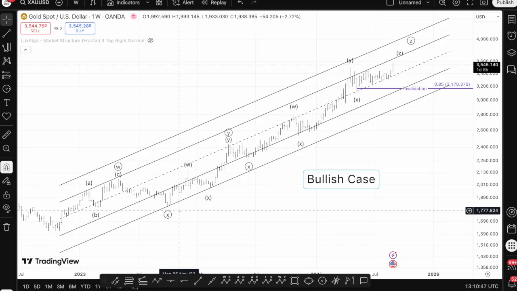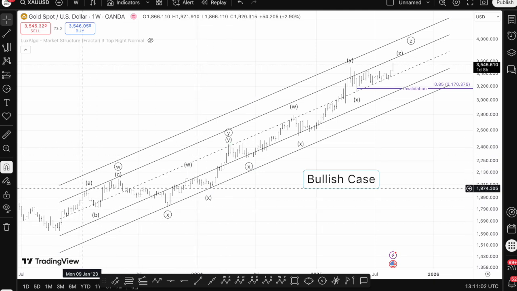The subwaves are all corrective structures, not impulse ones. Just like any other modern market, the price action forces us to count it like that.